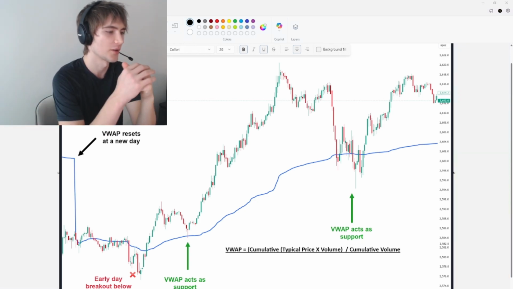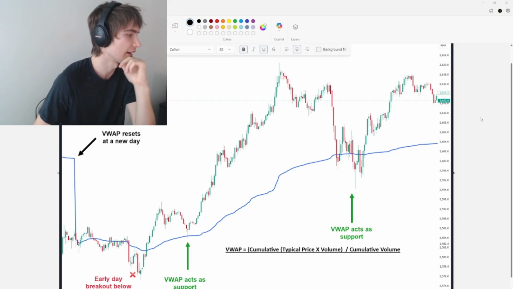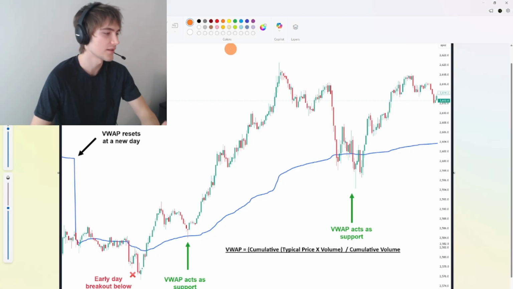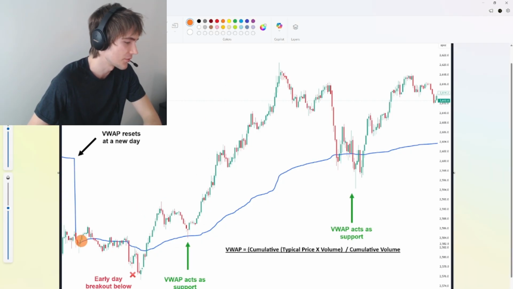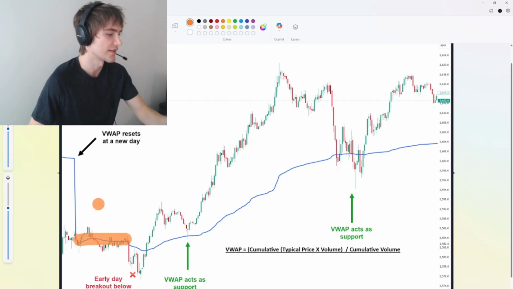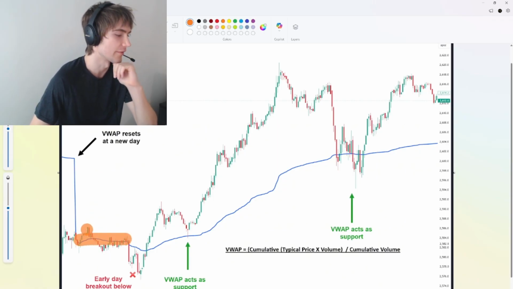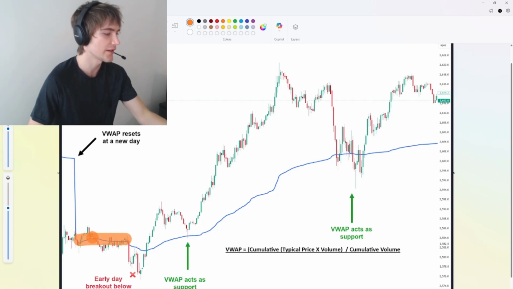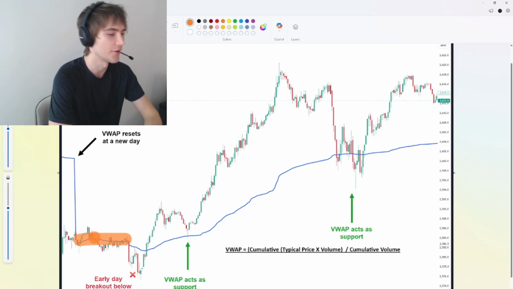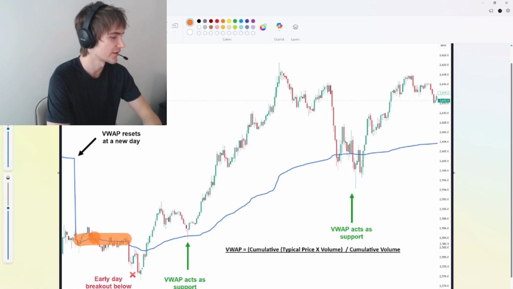So after explaining a little bit about VWAP, we're going to take a quick dive into this chart. As you can see here, VWAP has reset as soon as the market opened. We can see bulls trying to take over with VWAP failing, which is a clean signal to hold off on entering a position. Wait for volume to spike and other confirmations such as RSI before entering a position.